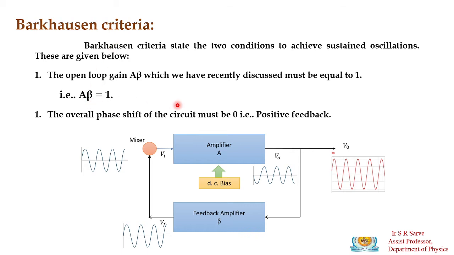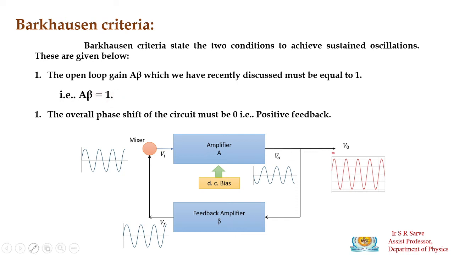What is the condition for oscillators? Oscillators must have a phase shift of 0, that means positive feedback, and the gain, which is the product of amplifier gain and feedback gain, should be equal to 1.